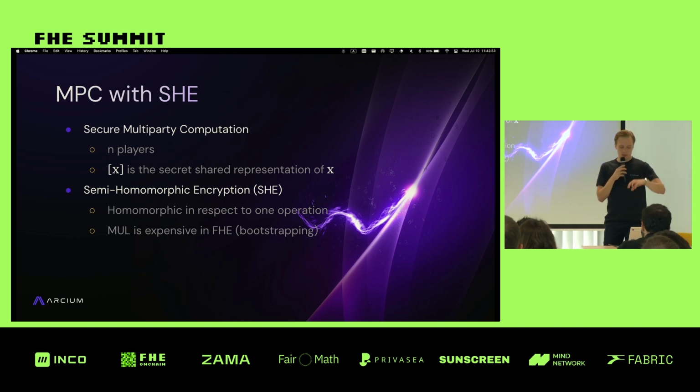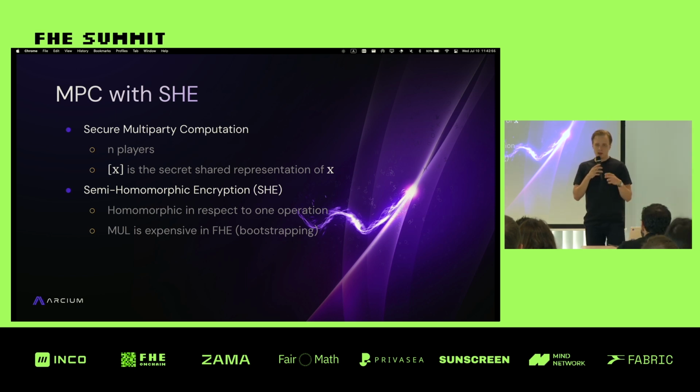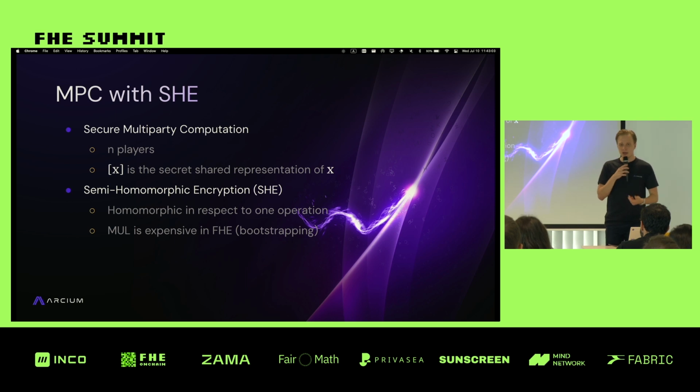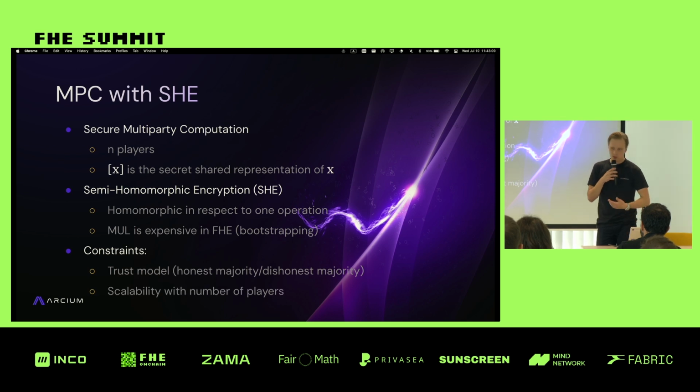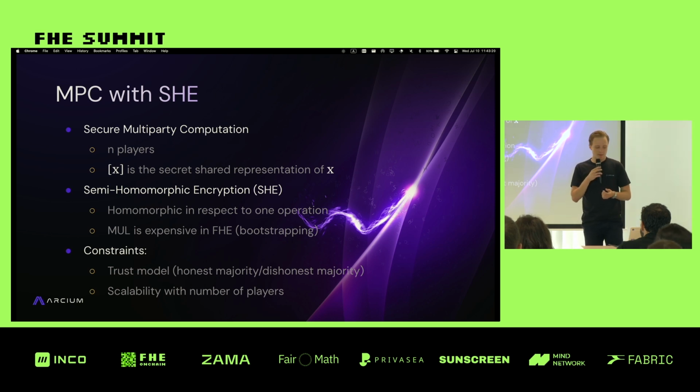And so the principle here is really to say, okay, additions can be done cheaply, so let's keep them homomorphic, and for multiplications, let's find a different protocol. And so the general constraint with this approach is that there's a trust model on the protocol level itself involved, so either a dishonest or honest majority trust model.